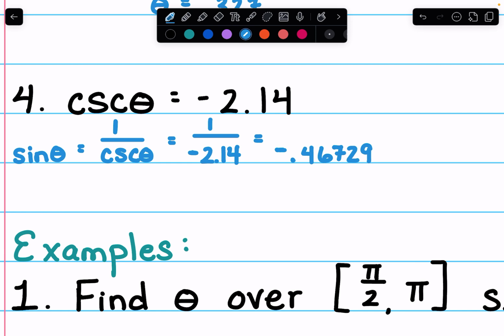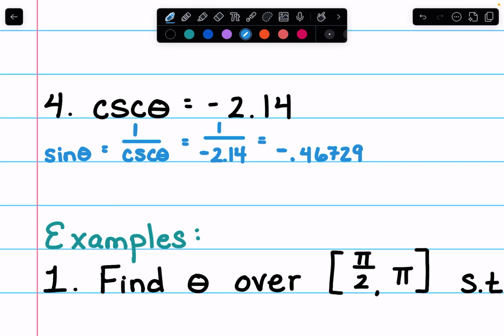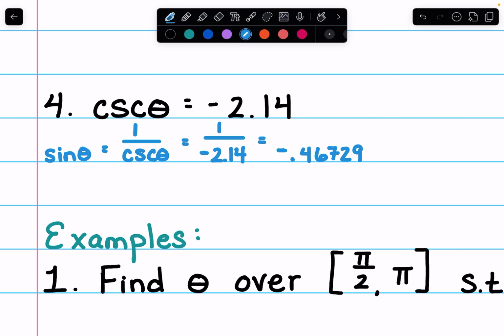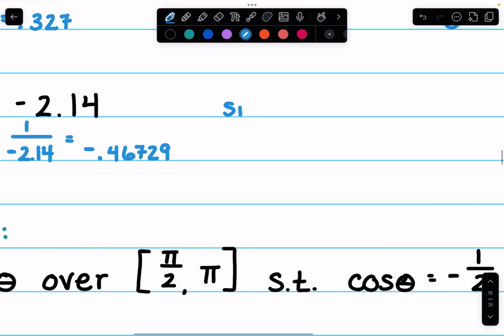All I did was 1 divided by -2.14, and I got this number right here. So sine theta equals this over here. So I could write it like sine theta equals -0.4679. I do have a sine button, right?